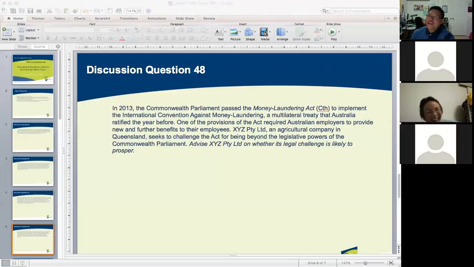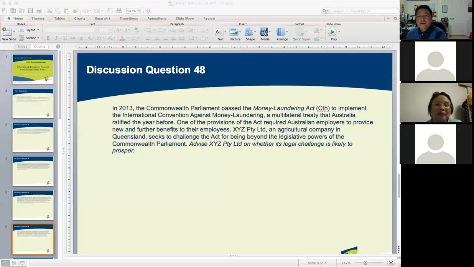I couldn't see the head of power there. Okay. Don't speak about the provision. Just say this specific legislation. Is it validly constituted under Section 51(29) of the Constitution? Can it be? Is it valid under Section 51(29) of the Constitution? Very good.